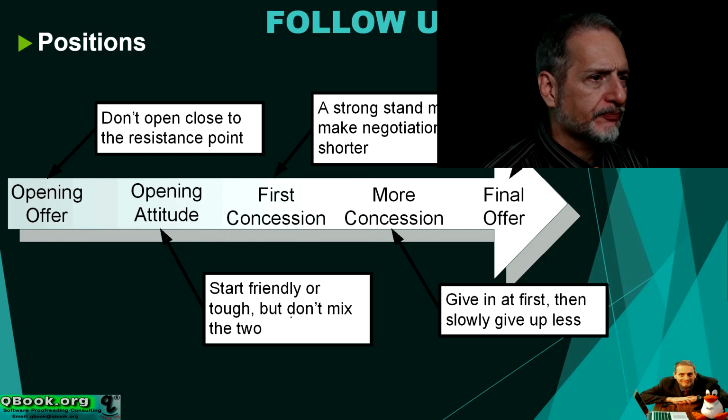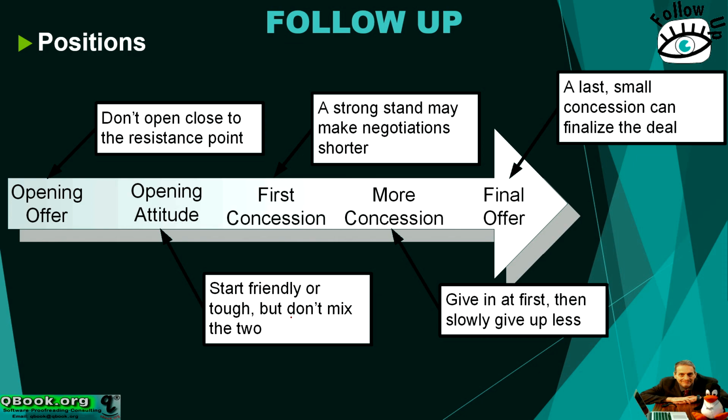So what do we do? If you're going to be friendly, start further away from your resistance point. If you're going to be tough, begin closer to your resistance point. Try to be mostly one or the other as you move across the negotiation.